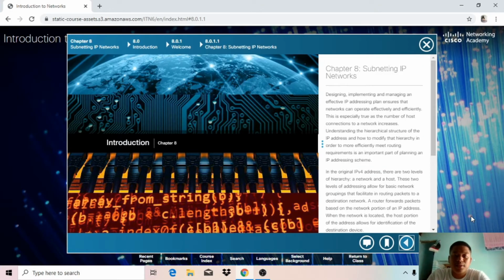Hey guys, today we are discussing chapter 8, subnetting IP networks. This chapter covers designing, implementing, and managing an effective IP addressing plan to ensure that a network can operate effectively and efficiently.